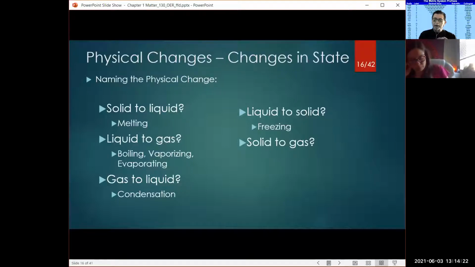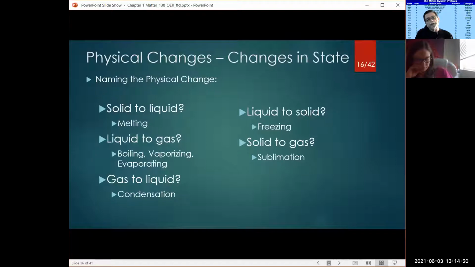The thing about carbon dioxide is that it goes directly from the solid to the gas, basically bypassing the liquid stage, or it goes through it so quick we don't even see it. And we call that sublimation. Okay, when the solid goes direct from solid to gas.